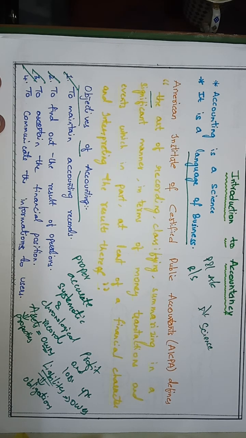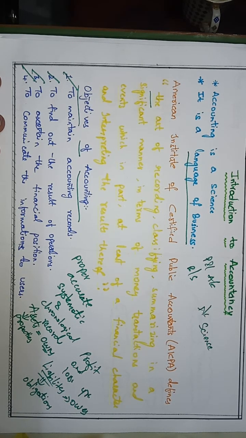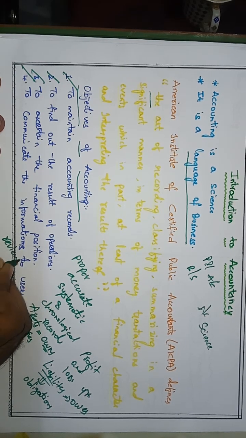With the help of these, the business owners are going to take decisions. They are going to review and revise their policies. How much profit we have earned this year, how much losses we have incurred, what new policies can we implement in our business.